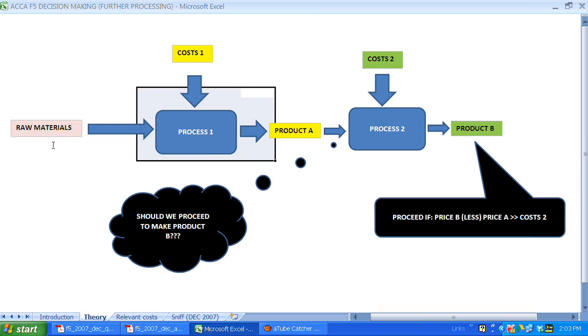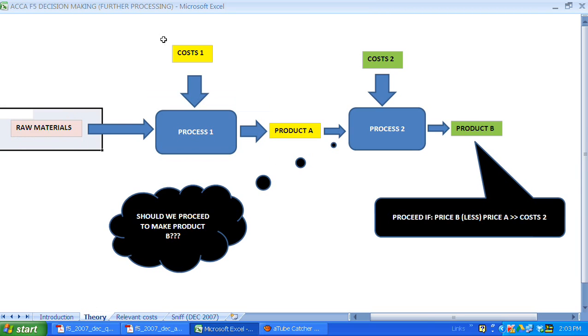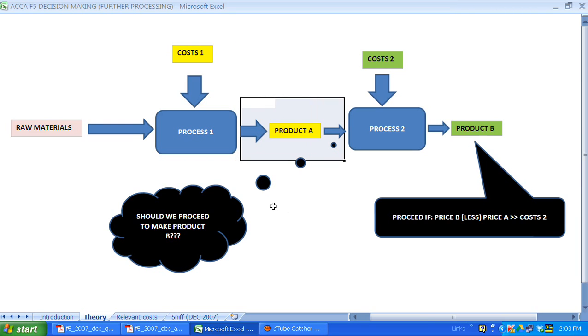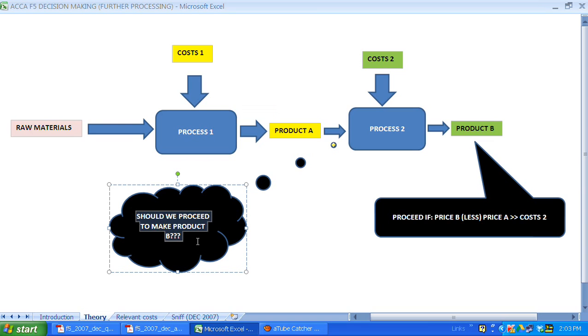We have raw materials this side, then we add certain costs and we end up with product A. Now the question we are trying to evaluate is, should we proceed to make product B? There is an option available to us. We can stop at product A, or we can proceed to make product B using process 2 and additional costs 2.